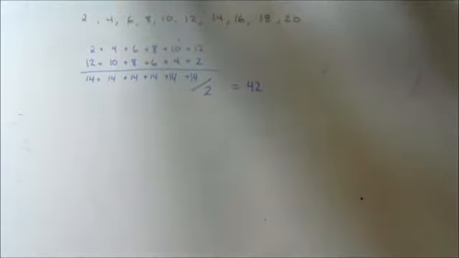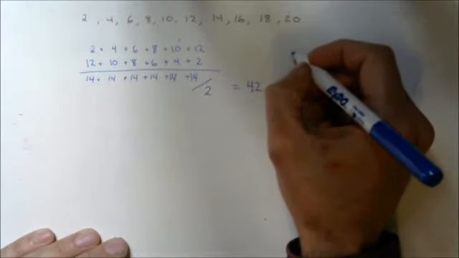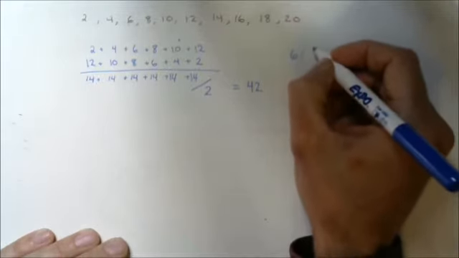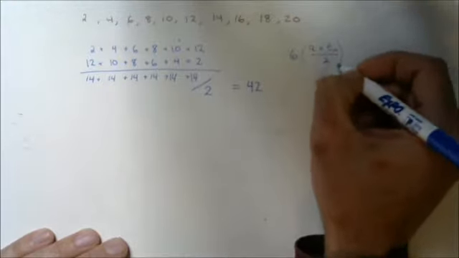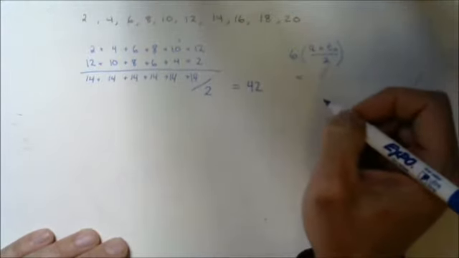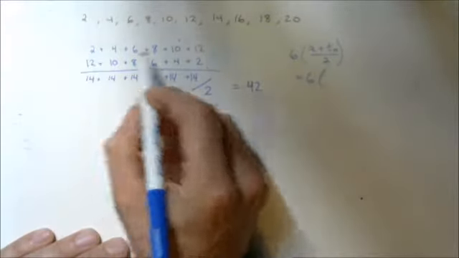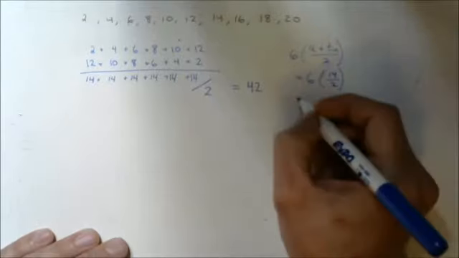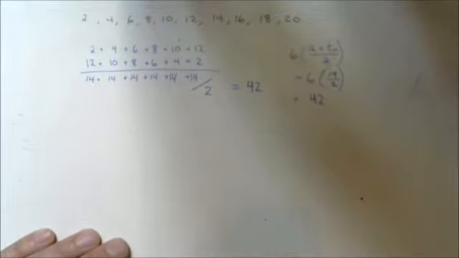All right. Now what if we took that same information and we plugged it in our formula? If we took the value of n, which is 6 for the first 6 terms, and if we took the average of the first and last term, 2 plus 12, which is 14, over 2, we would get 6 times 7, which is 42.